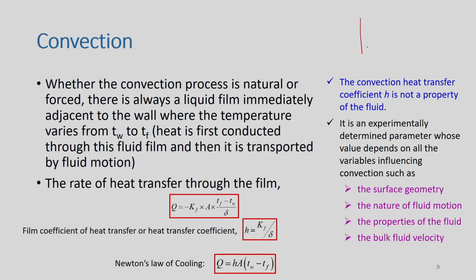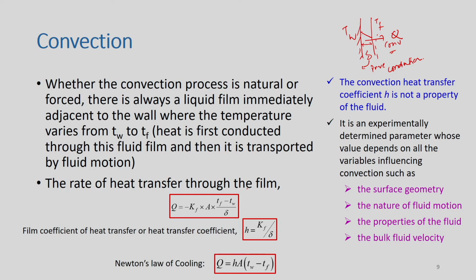So, this is the film, and maybe this film thickness is delta here, and this is Tw, and this is Tf. So, there will be a temperature gradient like this, and then only convective heat transfer will take place. This is the pure conduction. So, this rate of heat transfer, this Q, will be something like this.